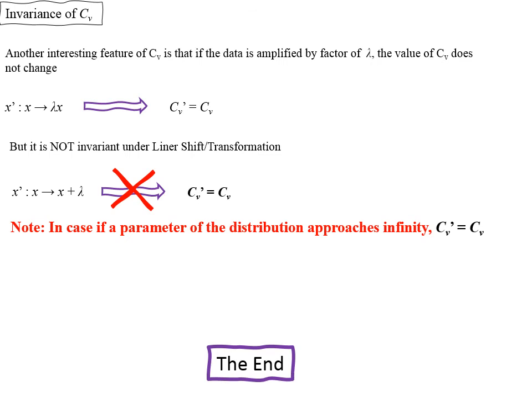But if, however, we translate or shift the data by a certain lambda, the coefficient of variation does not remain the same. So it will be different. But there is an interesting point here. If, for example, the parameter of x approaches infinity in the distribution, then these two will also become the same.